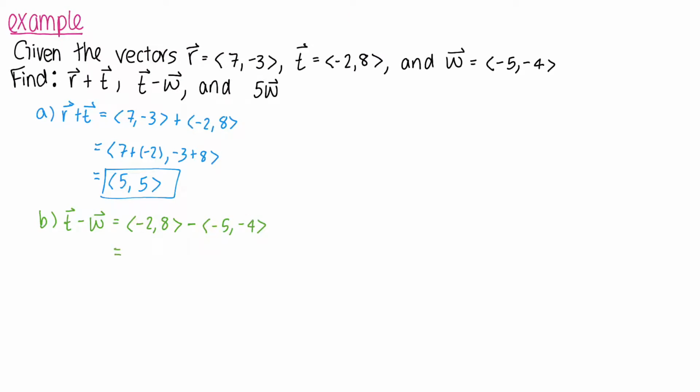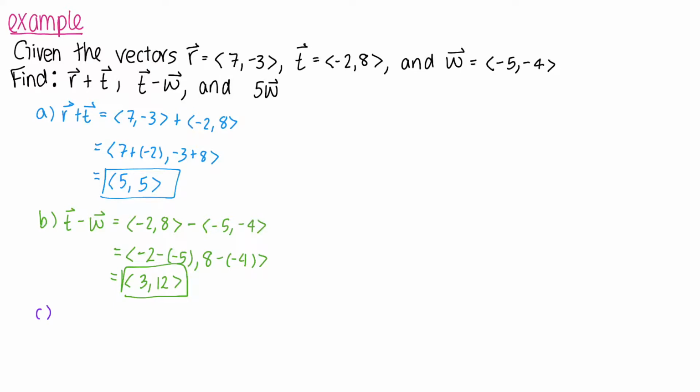It's almost exactly what you think would happen, which doesn't always happen in math. So negative 2 minus negative 5, 8 minus negative 4. Negative 2 plus 5 is 3. 8 minus negative 4, that's 8 plus 4, which is 12. So we have the vector 3 comma 12.